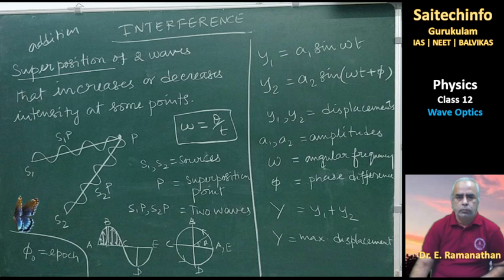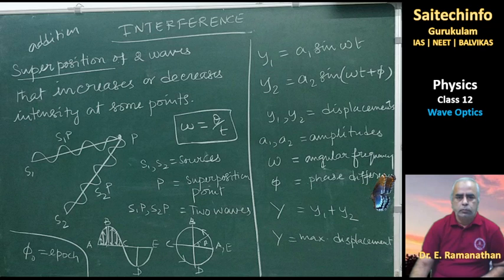So phi naught is epoch, so you can call it epoch. I hope now you should understand the meaning of epoch, right? Phi means phase difference between these two waves. Therefore omega is equal to angular frequency, that I already explained, and phi is nothing but phase difference.